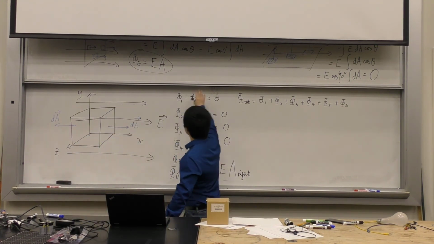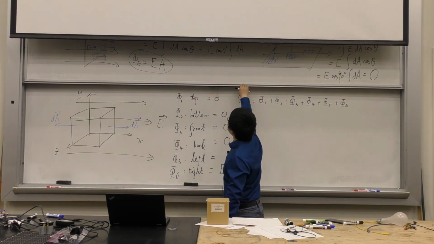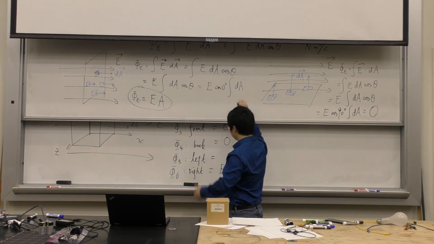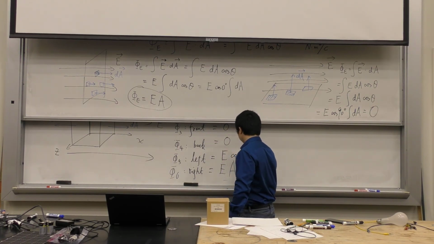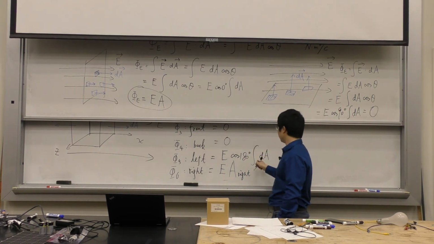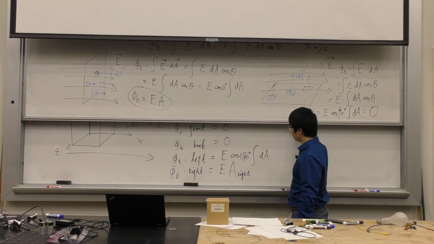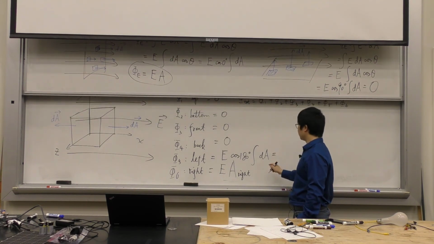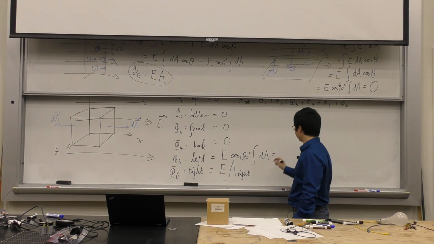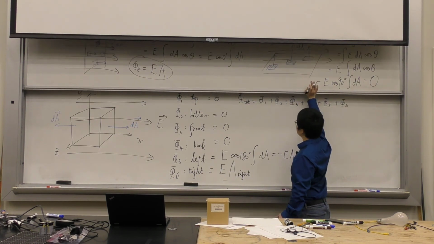So the only difference is this: you will get E cosine 180 times the integral of dA. Again, you integrate dA, you don't have any function here, that's going to be A, and cosine 180 is negative 1. So you get negative E times A, where A is the area of the surface.